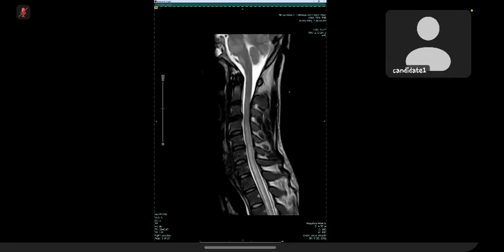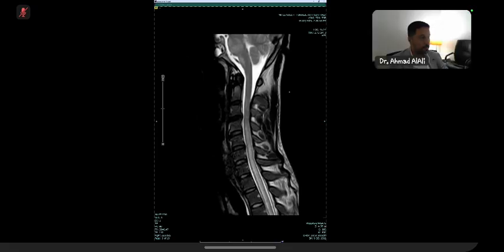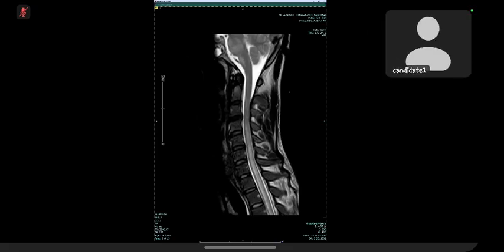I want to see the STIR images, and the gradient echo images to rule out any hemorrhage inside it, the T1 weighted images and the T1 post contrast images, because there is marked edema. There may be some underlying pathology within the cord that can cause significant edema.